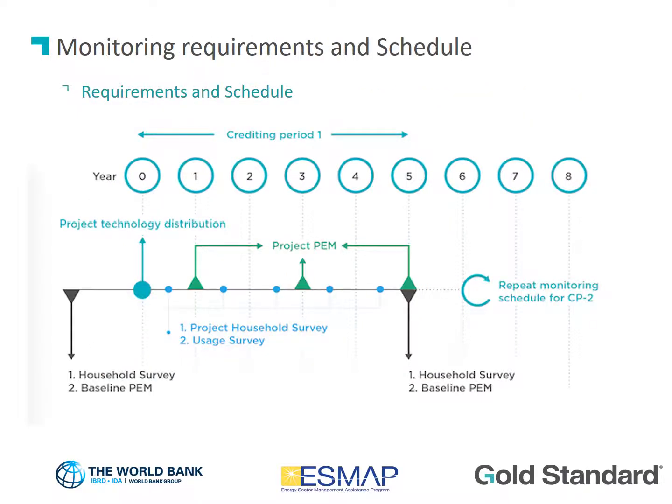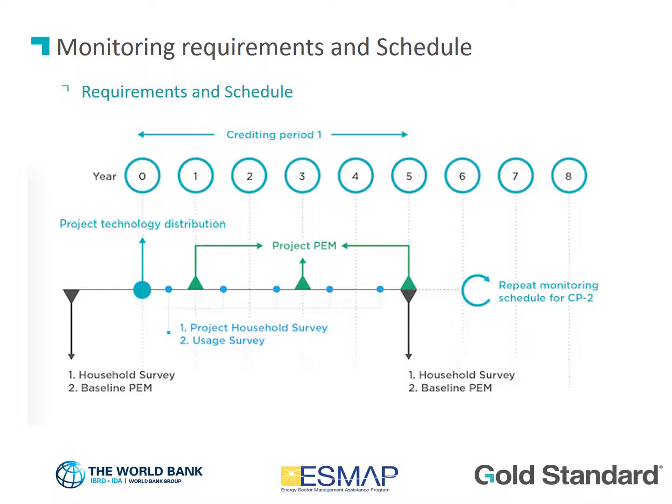This image is an overview schematic that shows the whole ADALY process over time. The example we have here is one stove project with a 5-year crediting period, and it shows all of the monitoring requirements.